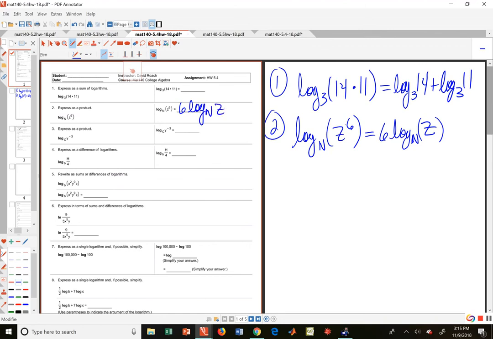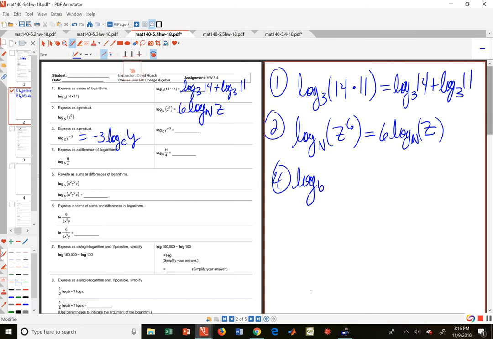Next one says express as a product. Again, you bring the exponent outside and you keep the other stuff as is. Express as a difference. The logarithm of a quotient is another log rule.